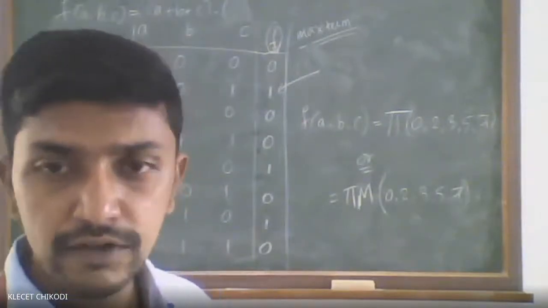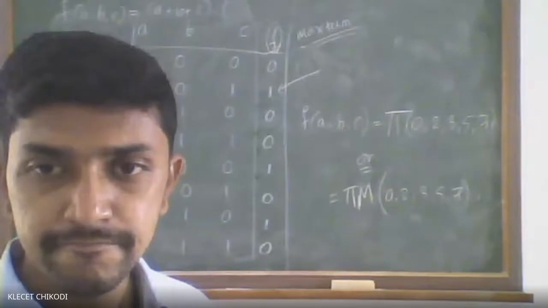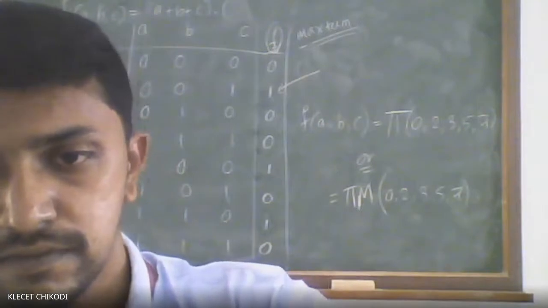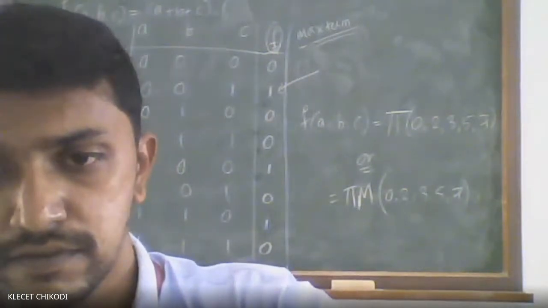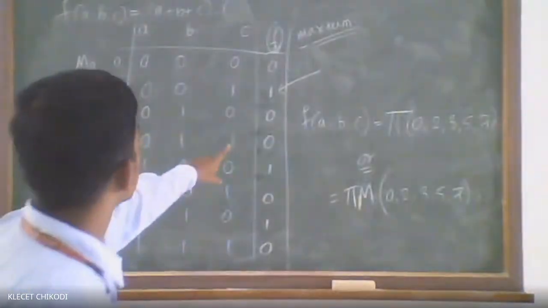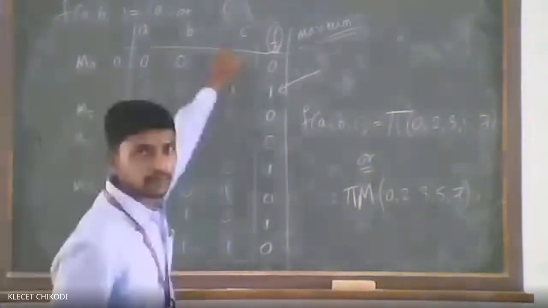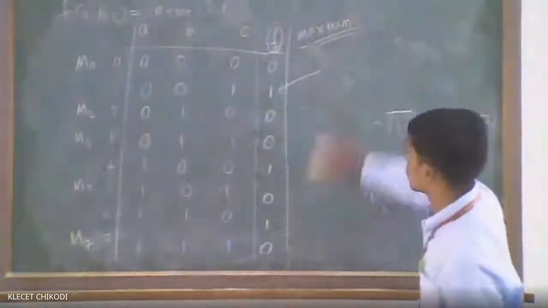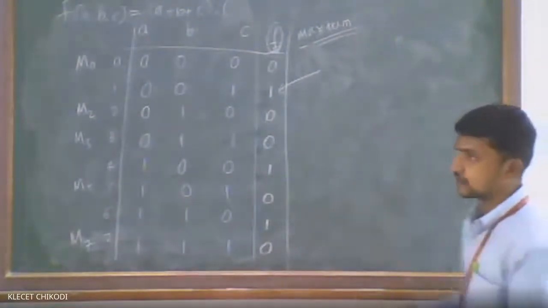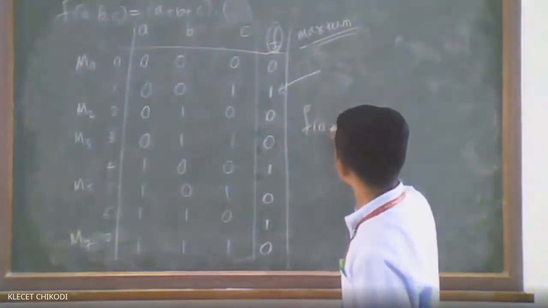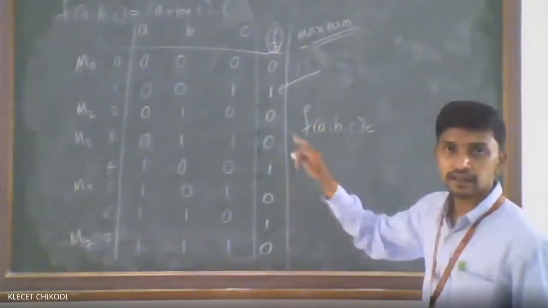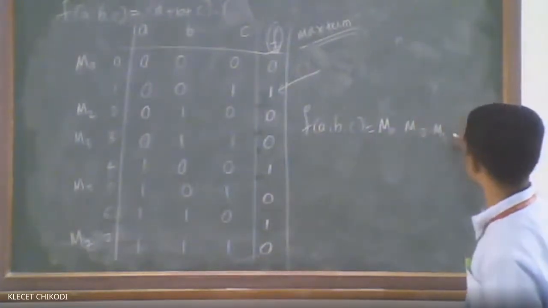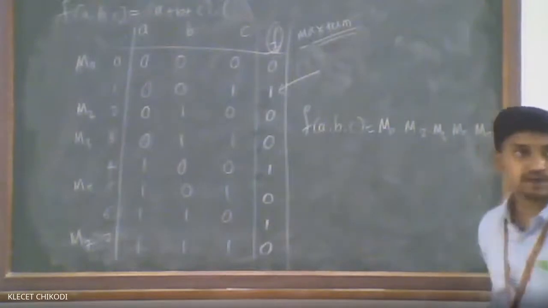Okay, any doubts? Write the Boolean expression. Just see here, these are the sum terms I have written, right? So the Boolean expression will be function of a comma b comma c. Here, if you consider, it will be M0 into M2 into M3 into M5 into M7.